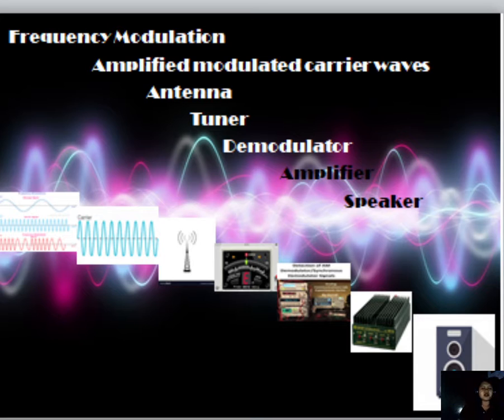As you noticed in the picture, the upper part is the frequency modulation. Then, once it is amplified, look at the amplified modulated carrier waves, it's already in good shape. Once it's okay, the carrier waves are normal, and the antenna collects them. After the antenna collects them, they can be transferred to the tuner. After that, you'll notice the demodulator, where it sounds garbled. Then, of course, that is amplified using the amplifier.